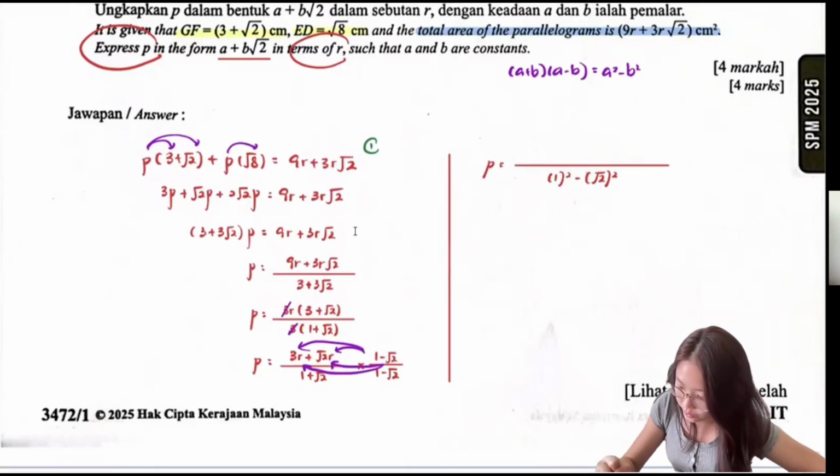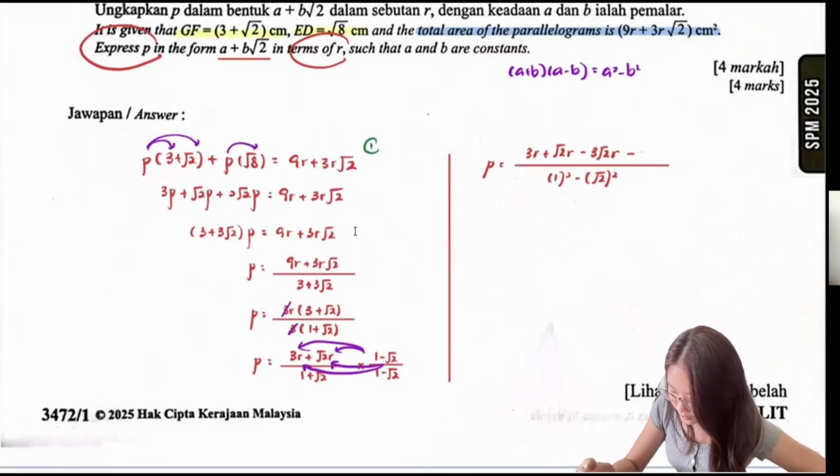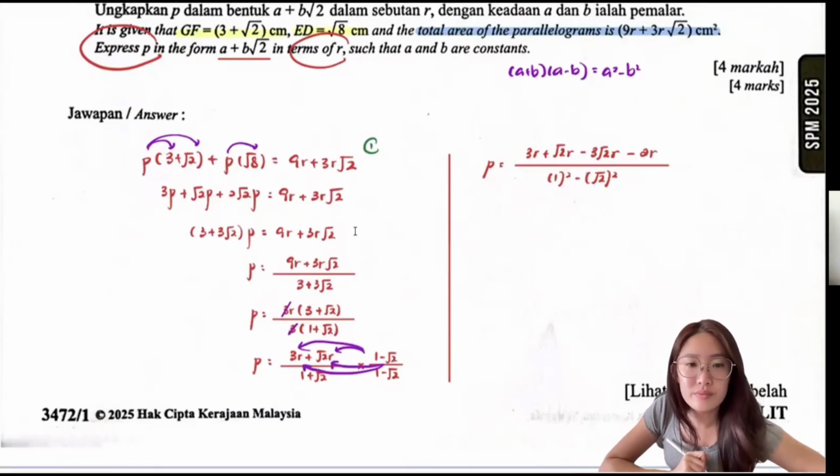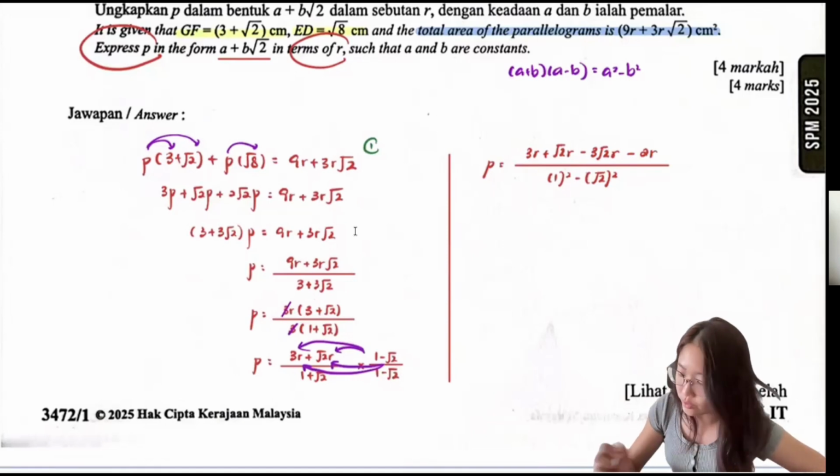So 3R plus SURD2R, and then negative 3 SURD2R, and negative SURD2 times SURD2 is 2R. This is what you have.